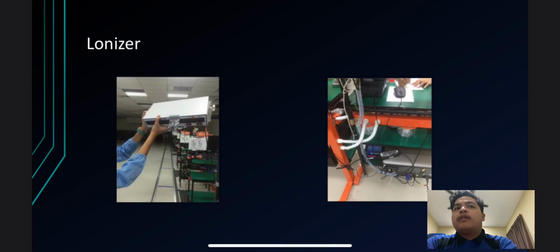This part is one that breaks weekly. The ionizer or driver is used for control, like when the machine has a laser to make a mark on the product, like a pen cartridge has a laser mark to write the date and write the company or product name.